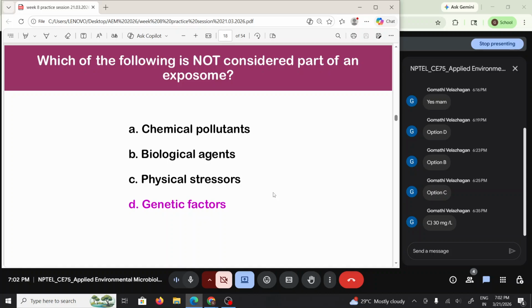It's the interaction of the organism with chemicals, biological agents, as well as physical factors. But genetic factors we will not consider, because the exposure during the lifetime of an organism is the only factor that we look into when we talk about exposomes.